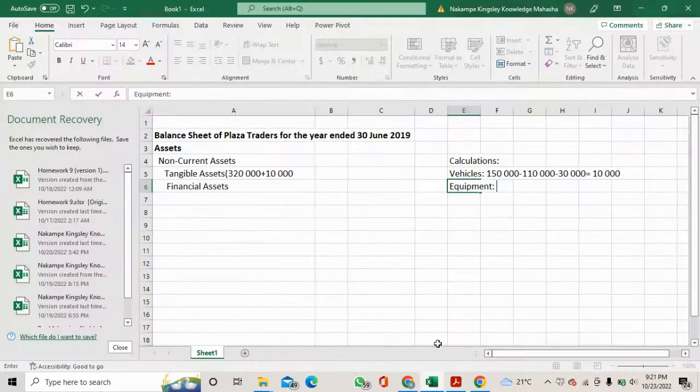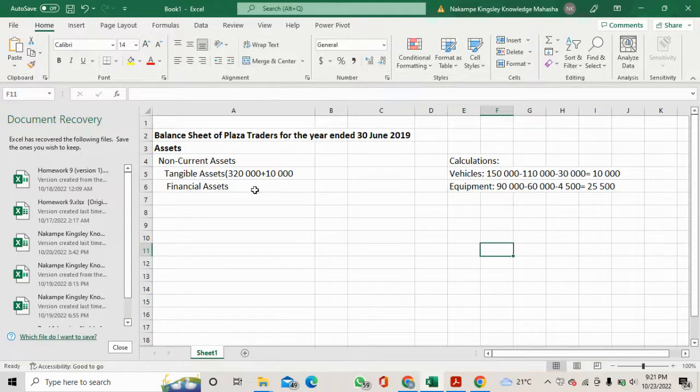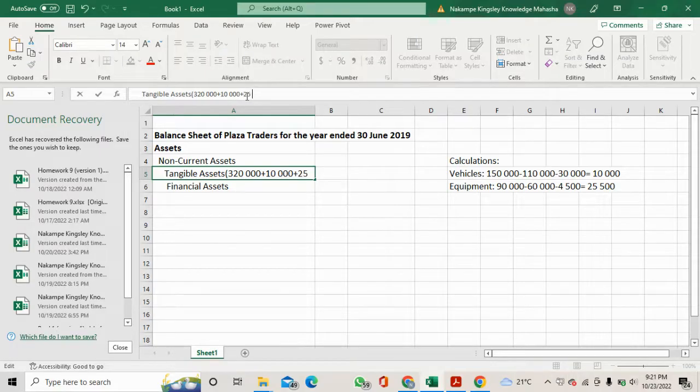So you're going to say 90,000 subtract 60,000, you again subtract 4,500 to get your current value, right? And then you're going to get a current value of 25,500 if I've calculated very well. 25,500, and then you're going to add it here, plus 25,500.